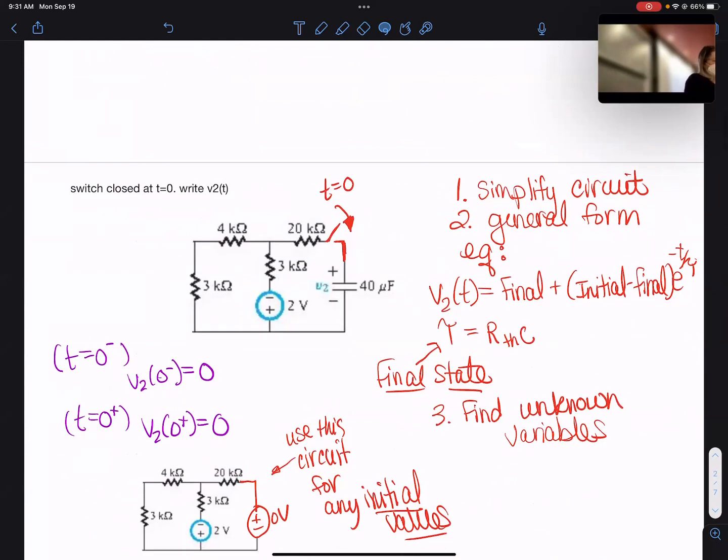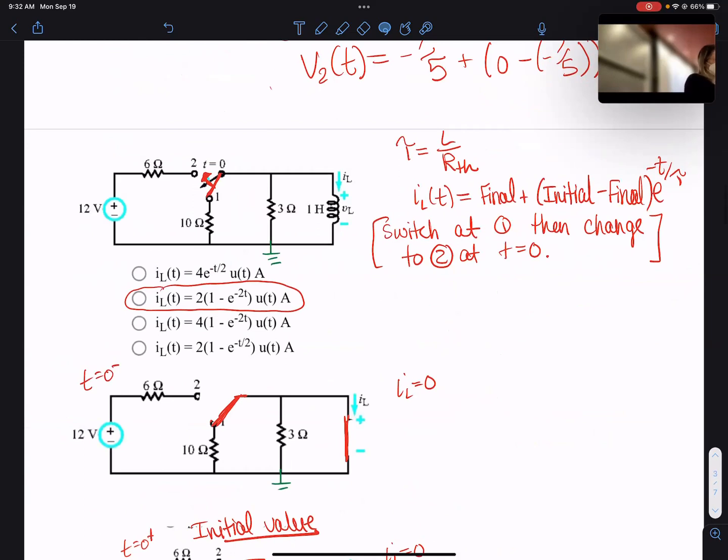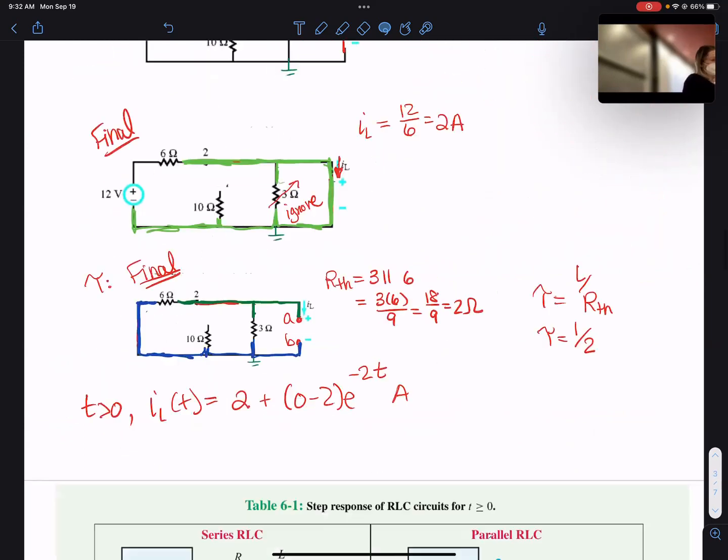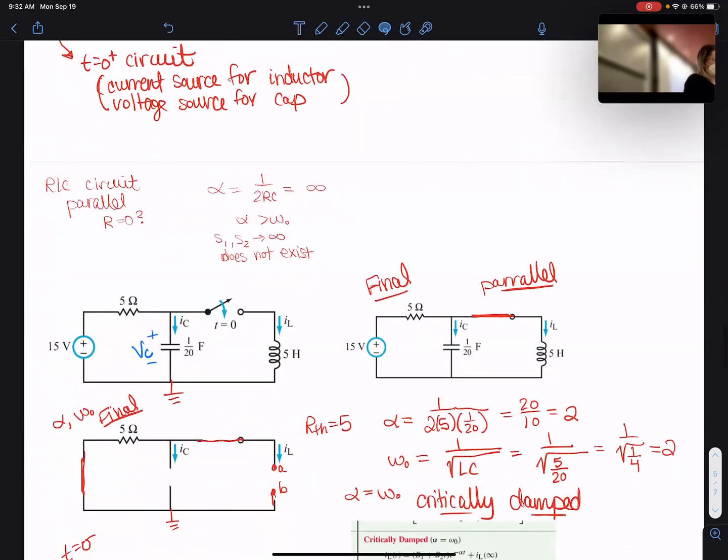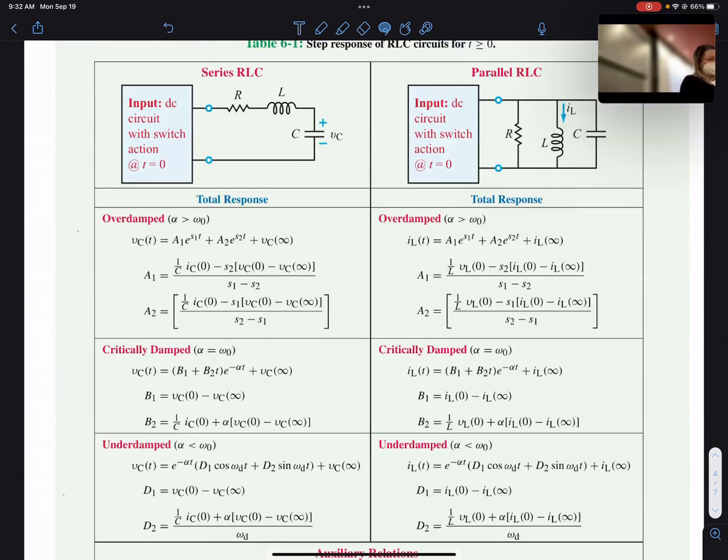Or an RL circuit where you need to find currents and voltages in that circuit, or an RLC. An RLC can have series or parallel connections. They can be overdamped, critically damped, or underdamped, and you need to be able to describe the whole equations, voltage and current expressions.